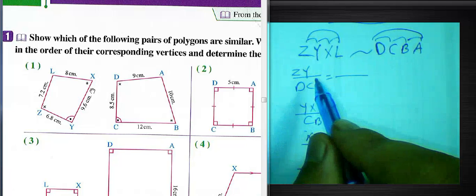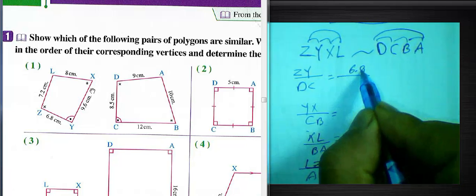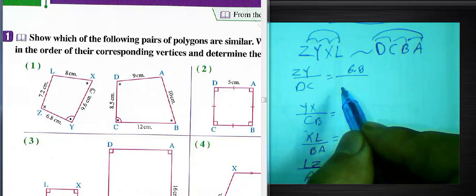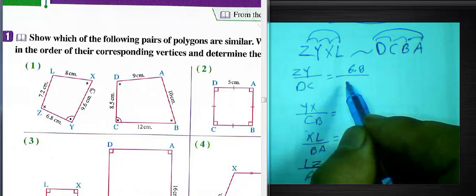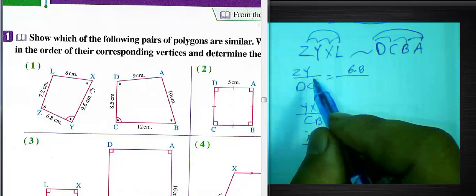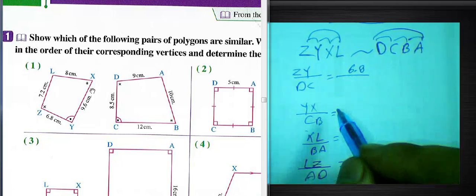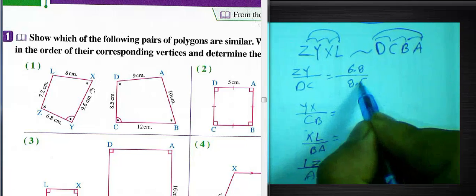ZY equals 6.8 and the length of DC equals 8.5.